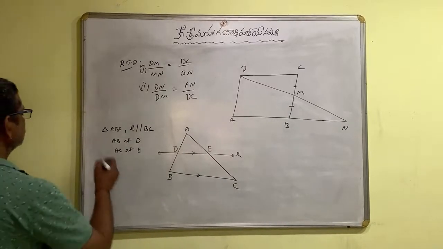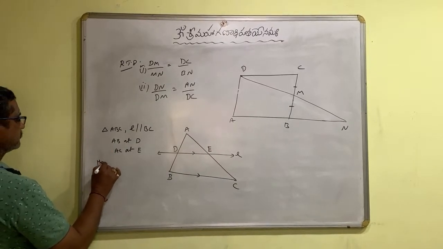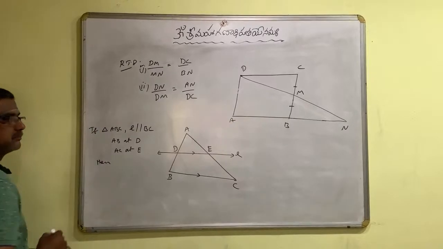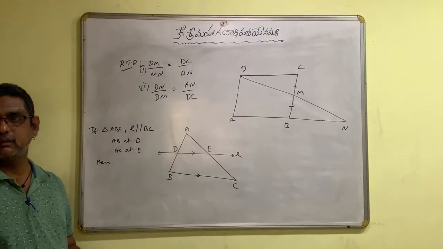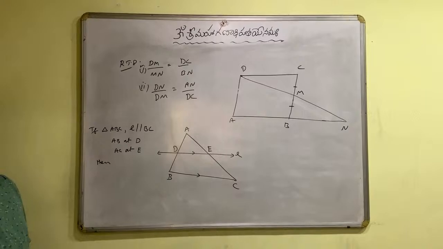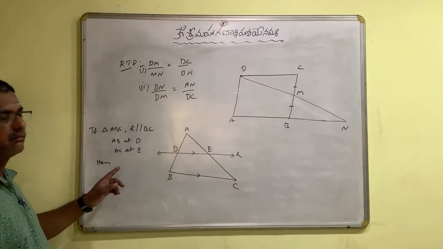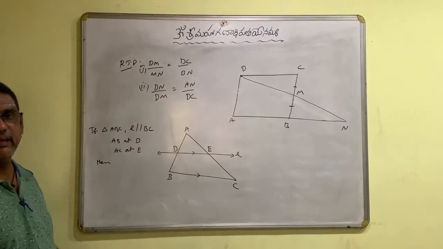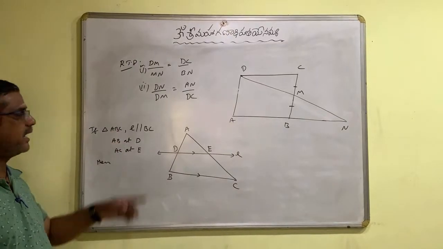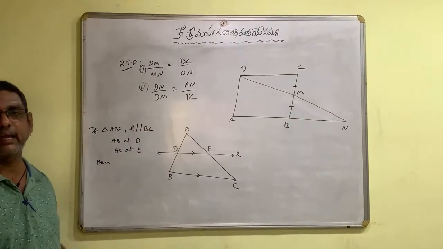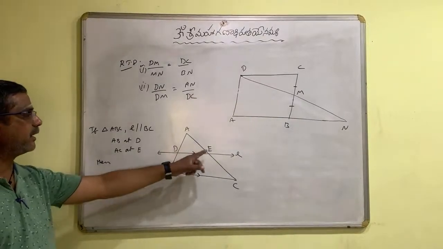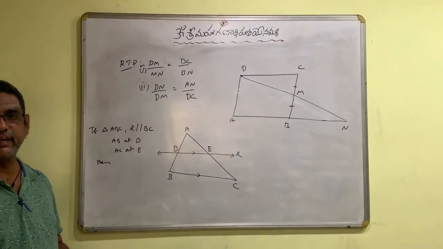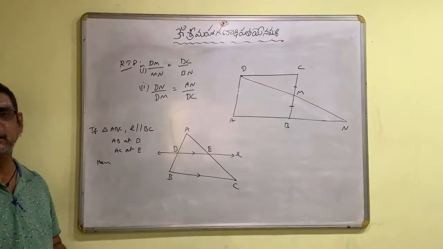Then, it's a conditional statement. There is a triangle ABC. In that triangle, a line is intersecting two sides of the triangle at distinct points. Not only is it intersecting, it is also parallel to the third side.